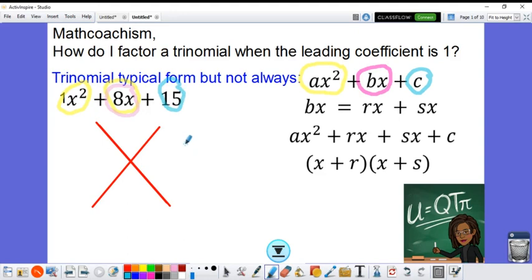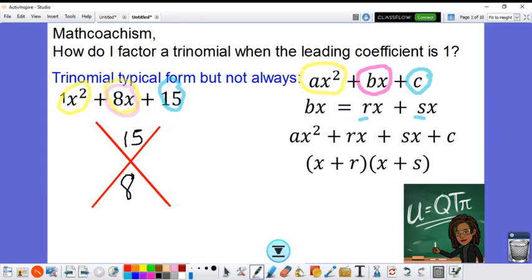Now, let's look at this trinomial. We need to find 2 integers, r and s, whose product is c and whose sum is b. So we have 15 as our c and 8 is our b.